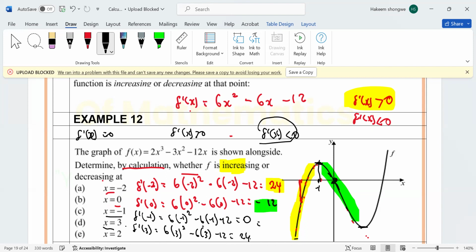Based on what we just said here, do you think the function is increasing or decreasing here? We got 24.